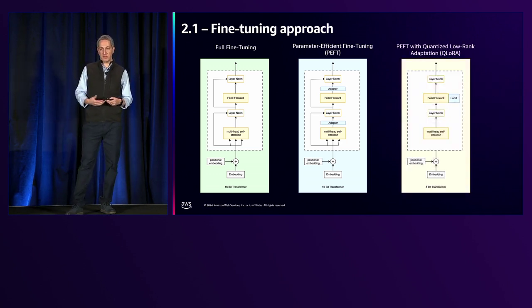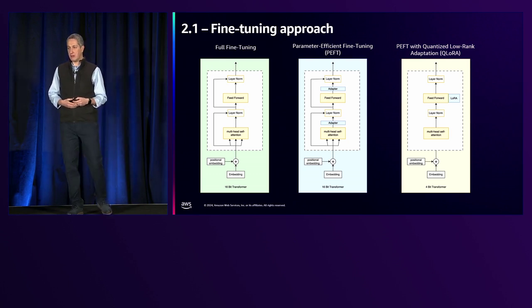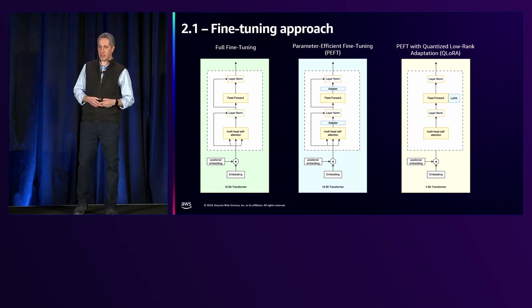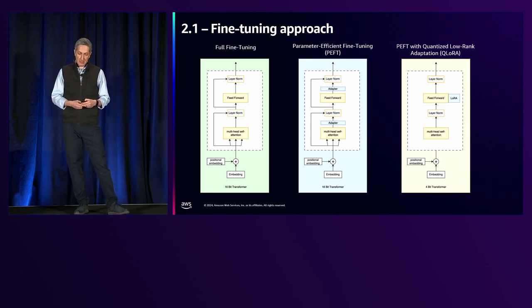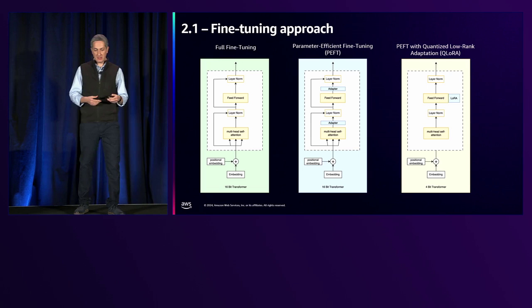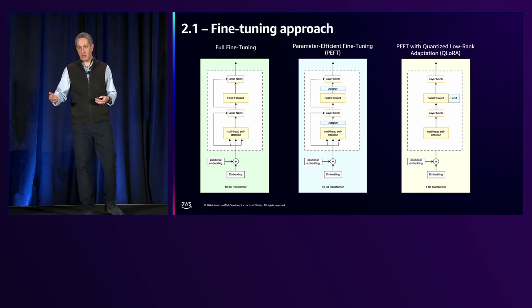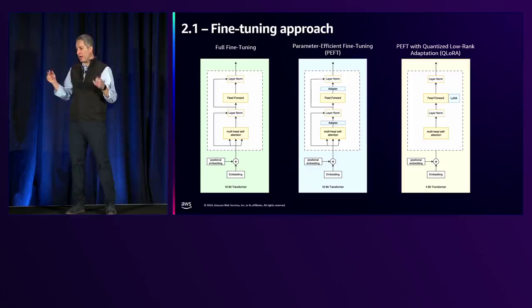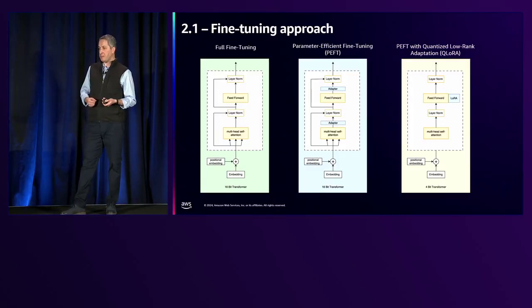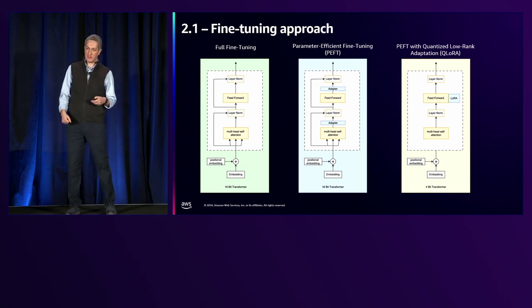What we did, we used a method called LoRA, which is a low-rank adaptation of pre-trained models. With LoRA, that adapter sits in parallel to the feed-forward layer. Because it uses low-rank matrices, the number of parameters that need to be updated is significantly lower than parameter-efficient fine-tuning.